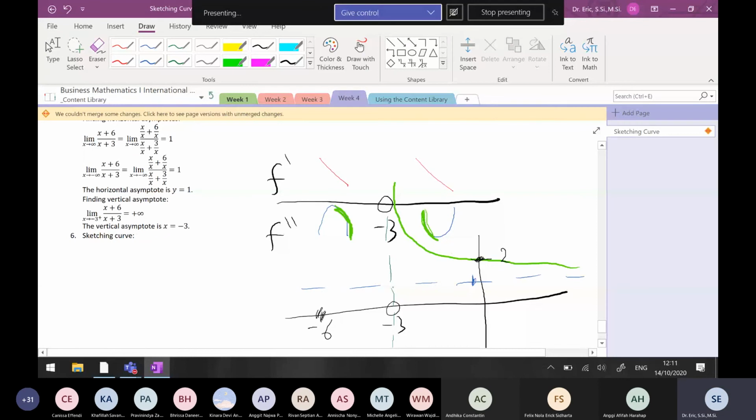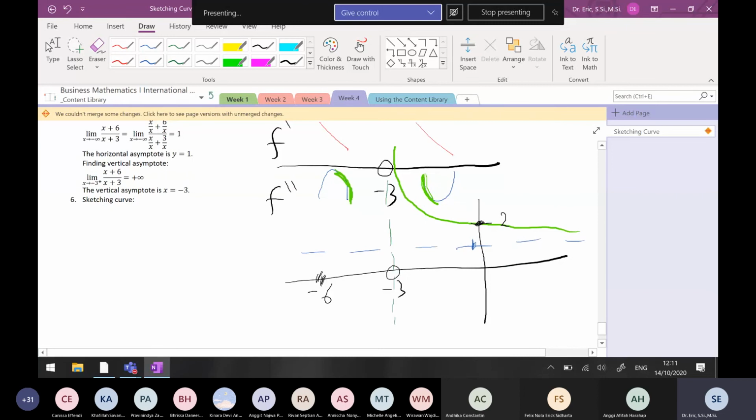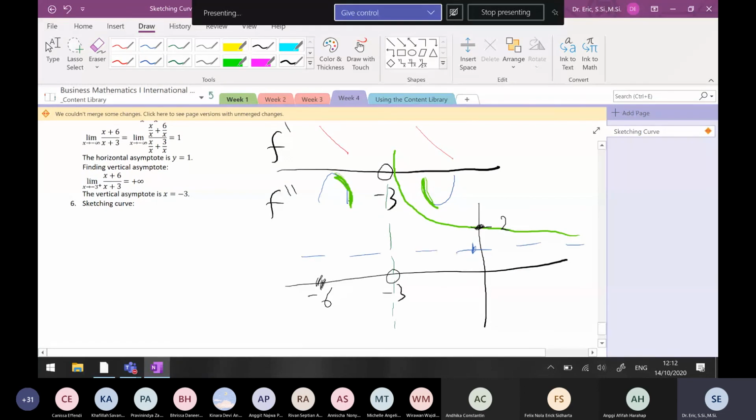What about this one? Don't forget it must pass through 6, and it should have this kind of sign. Now look, this is the vertical asymptote. When x goes to minus infinity, it will go to the height 1 here. When x goes to plus infinity, it will go to 1 also.